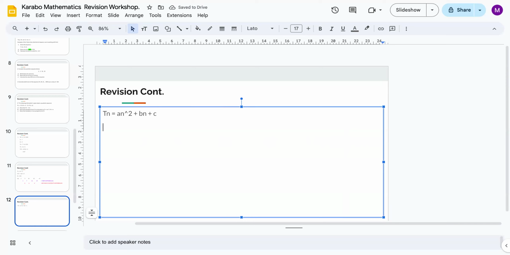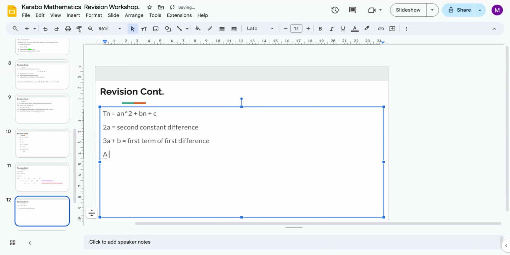But remember, we had our shortcut formula where 2A is equal to the second constant difference, and 3A plus B was equal to the first term of the first difference.